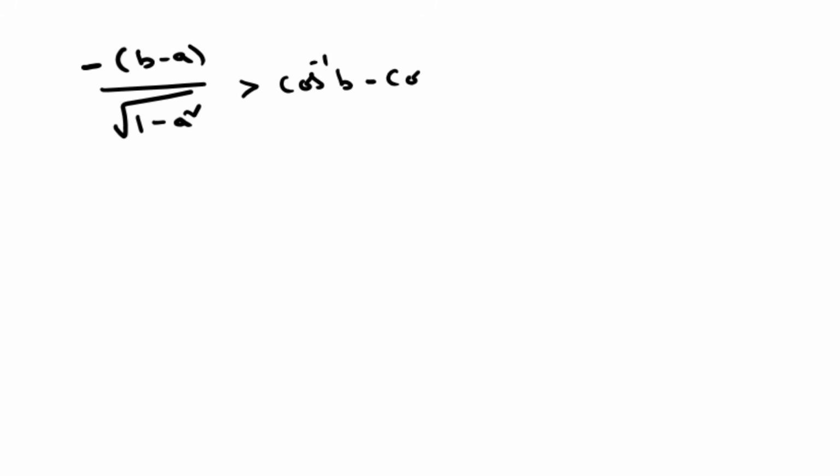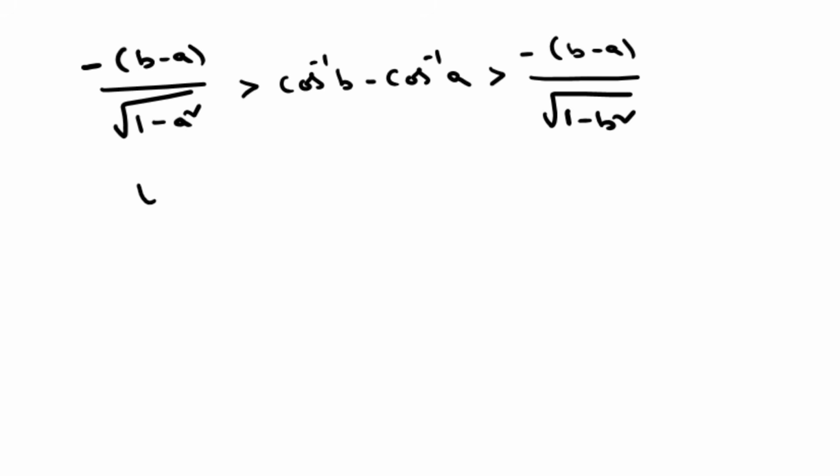The equation is minus b minus a by under root of 1 minus a square greater than cos inverse b minus cos inverse a greater than minus b minus a by under root of 1 minus b square.